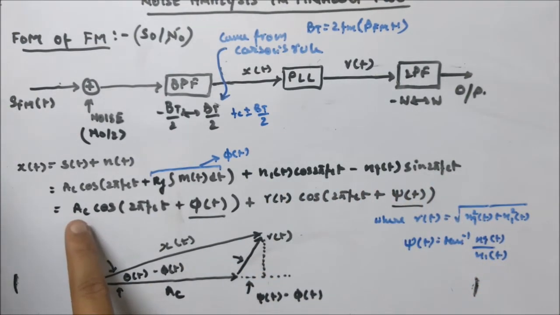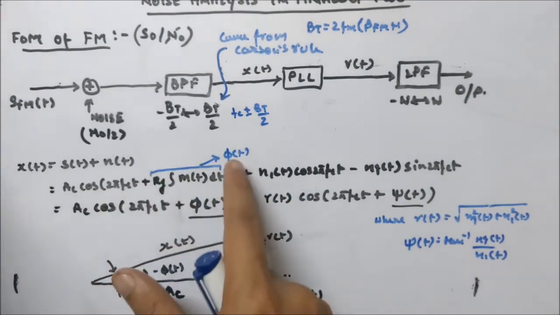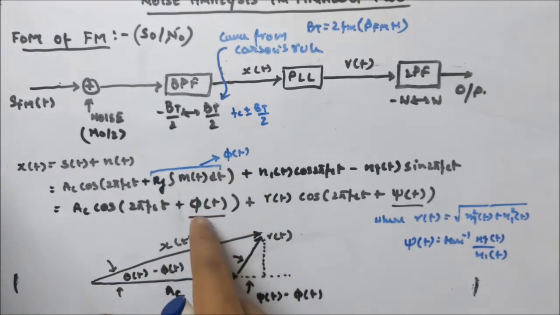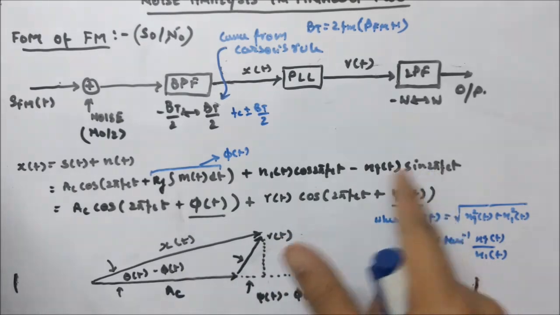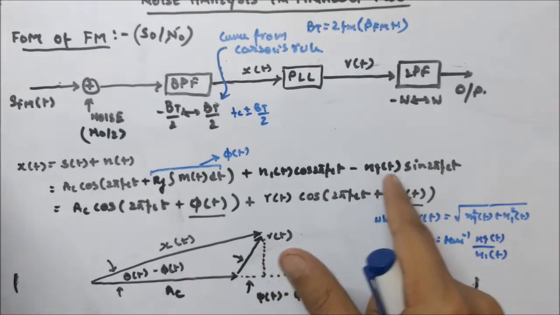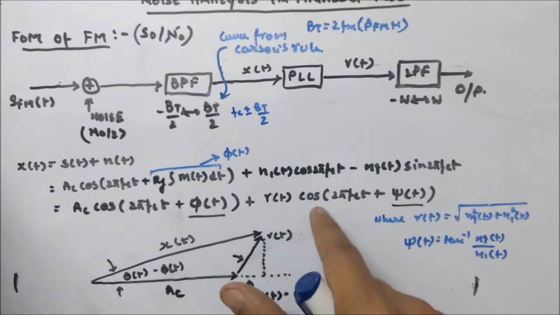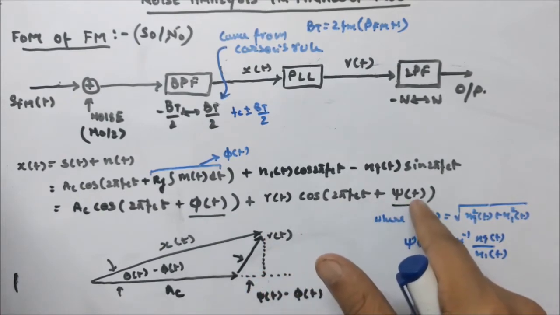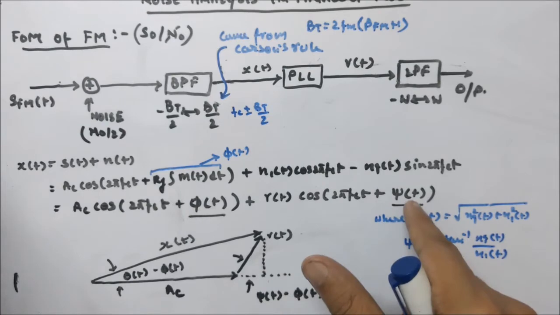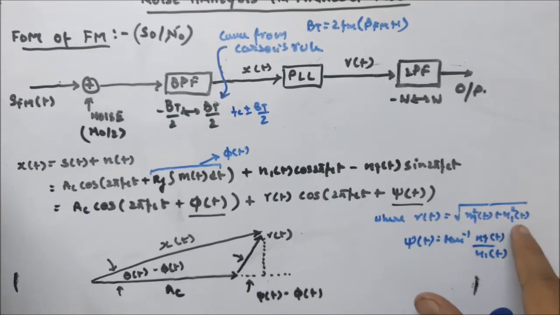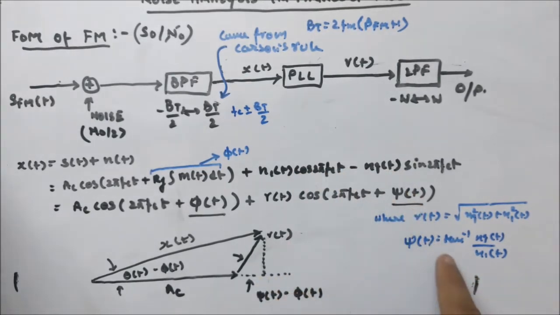Here I can write the term kf ∫m(t)dt as φ(t), and apply A cos θ − B sin θ, from which I will get amplitude R(t) cos(2πfct + ψ(t)). This is φ(t), this is ψ(t), where R(t) is the square root of nQ square plus nI square and ψ(t) is tan inverse of nQ by nI.